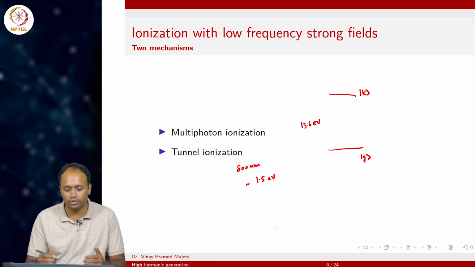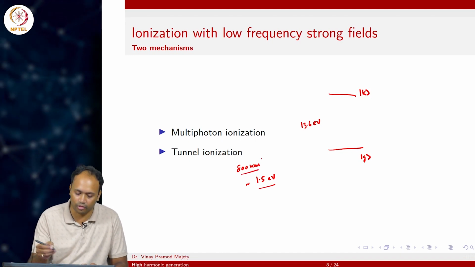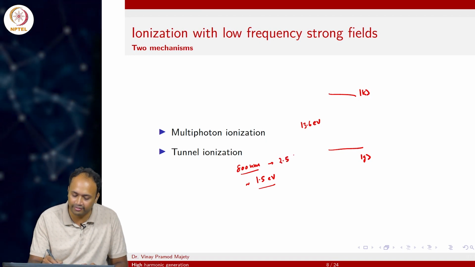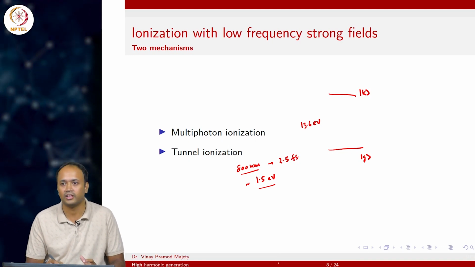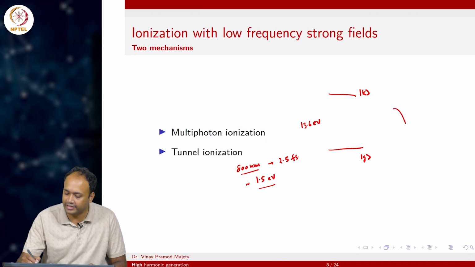Now because the time period of this wavelength corresponds to about 2.5 femtoseconds, it is also a certain slow process. That means the electron can also see a field changing very slowly.